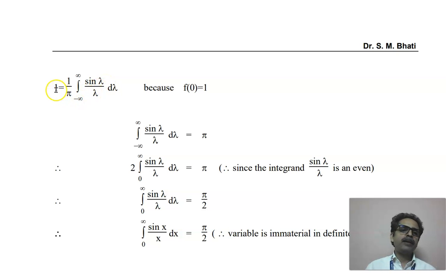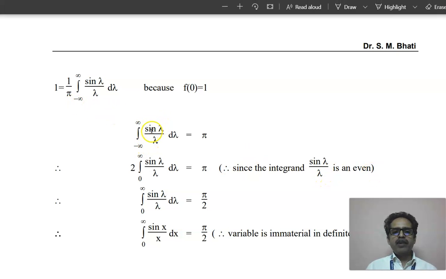Then you take the pi to the other side, and we have the integral from minus infinity to plus infinity of sin lambda upon lambda d lambda is pi. Now sin lambda upon lambda is an even function. So using the property, this integral is nothing but 2 into the integral from 0 to infinity of sin lambda upon lambda d lambda. This 2 can be taken to the right side.